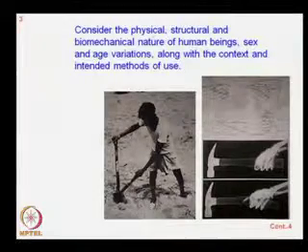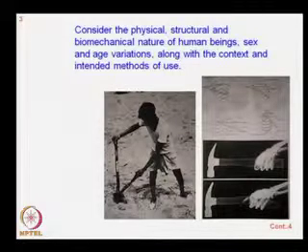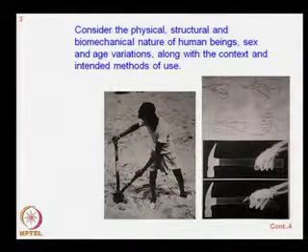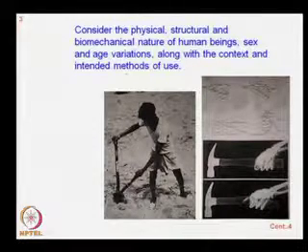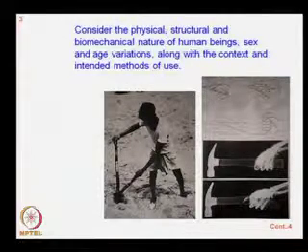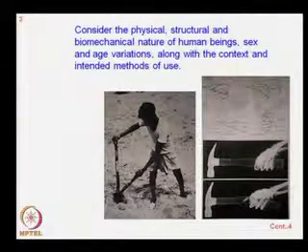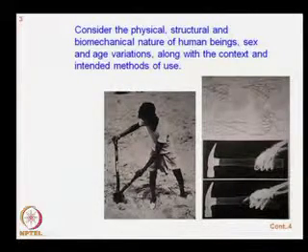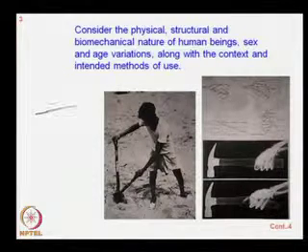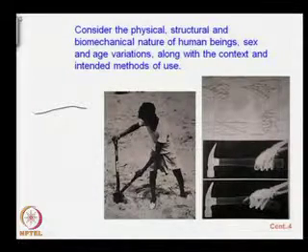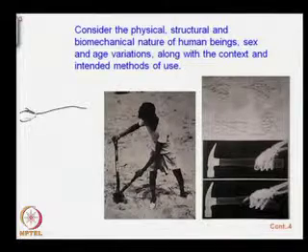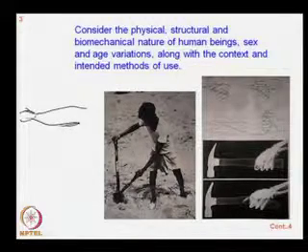Another issue is to consider the physical, structural and biomechanical nature of human beings, sex and age variations, along with the context and intended method of use. Normally pliers have straight handles.